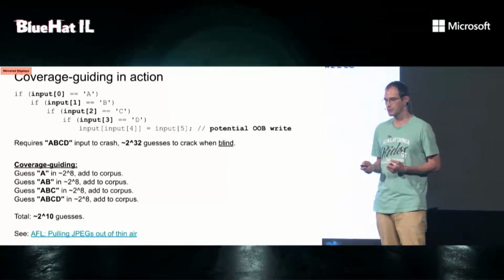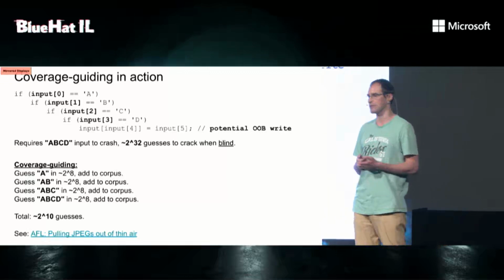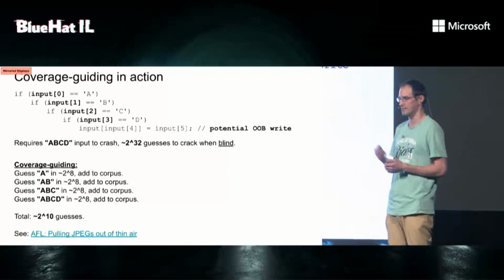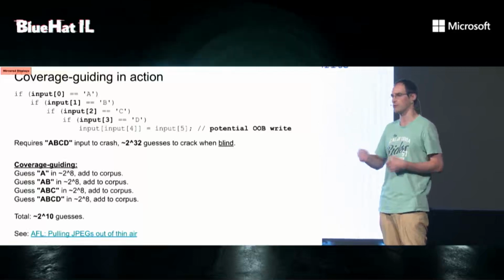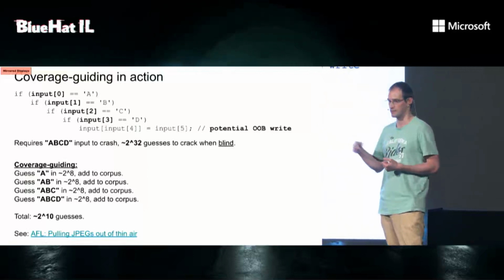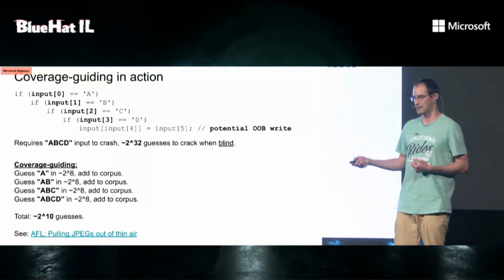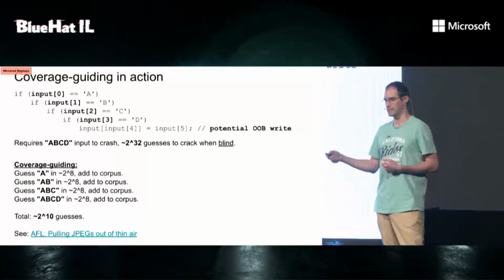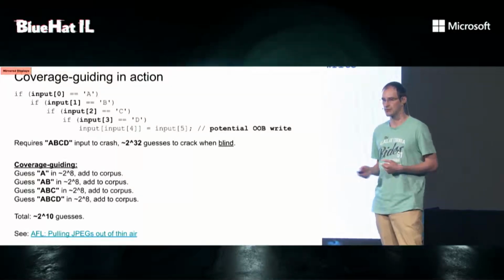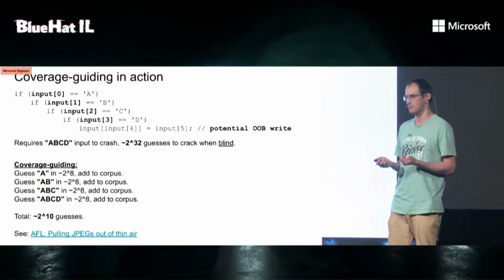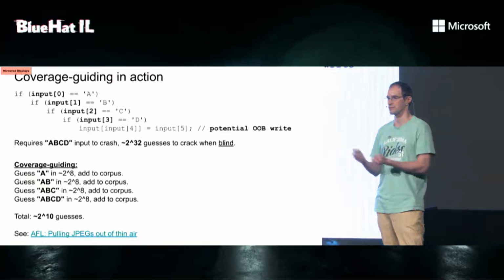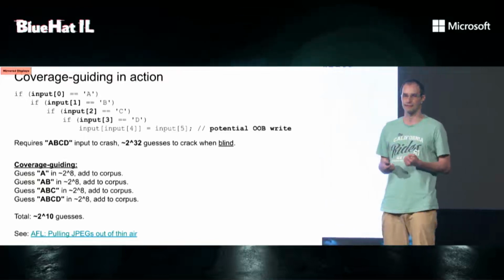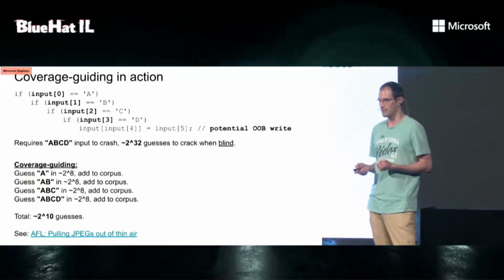Then we'll continue this process, and in approximately 256 iterations, we will get input A, B. And at this point, we'll get to the third line of the code. Again, it's new coverage, so we add it to the corpus. And so on, and we will guess ABC and then ABCD. So in total, it will take approximately 2 to the power of 10, or 1,000 iterations, to guess this input. You may compare this to 4 billion iterations.